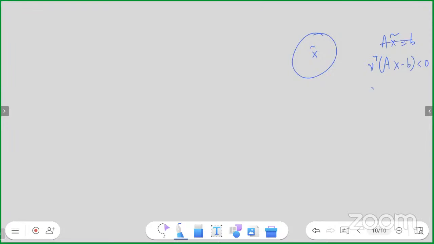Let's write this as mu. That's what x tilde does. So around its neighborhood, there should be some x which has this less than or equal to 0.